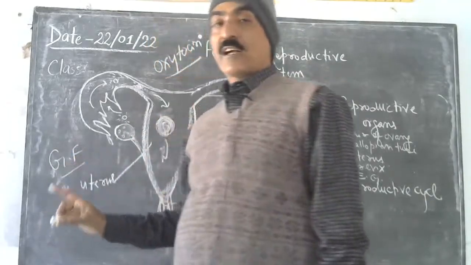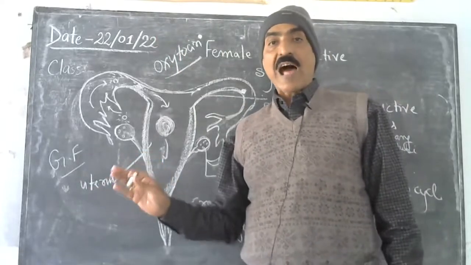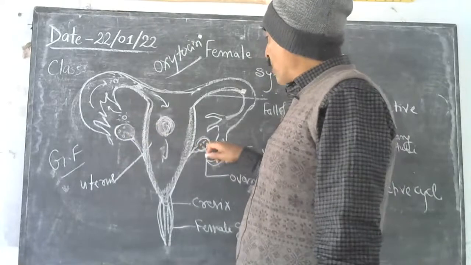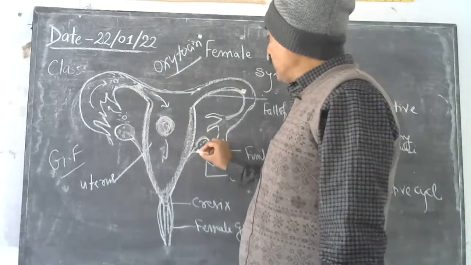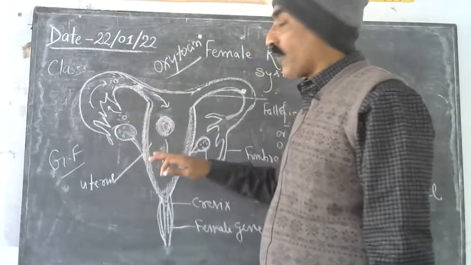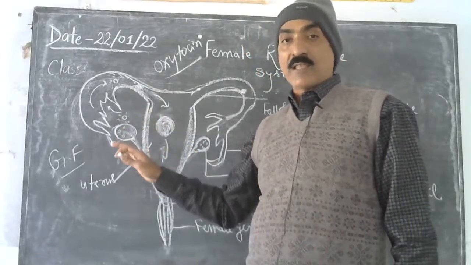GF means Graafian follicles. A large number of Graafian follicles remain in both the ovaries, दोनों ही ovary के अंदर large number of Graafian follicles remain.